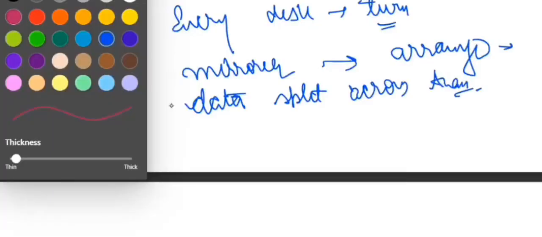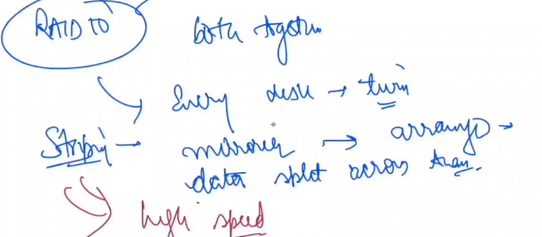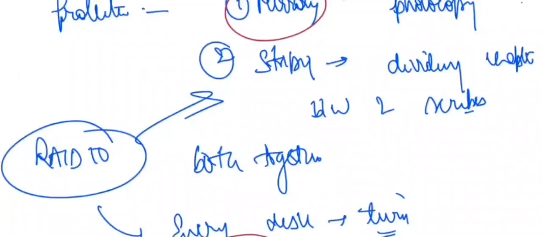You get higher speed, and you get high fault tolerance. Because of this striping, you get high speed, and because of the mirroring, you get high fault tolerance.